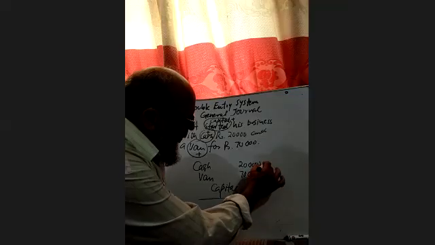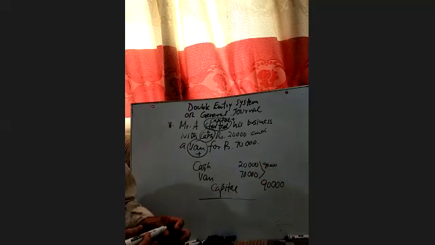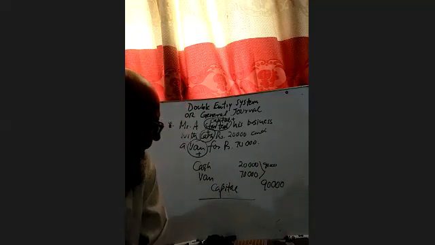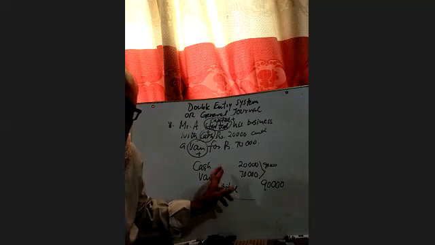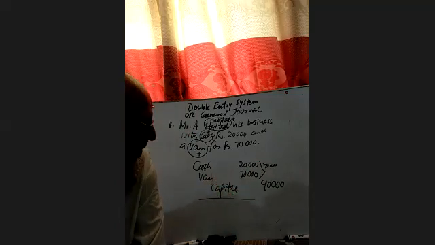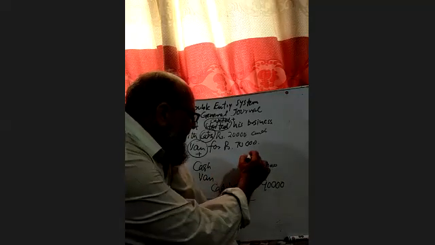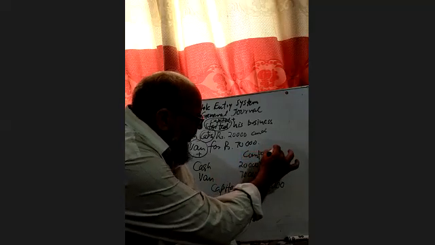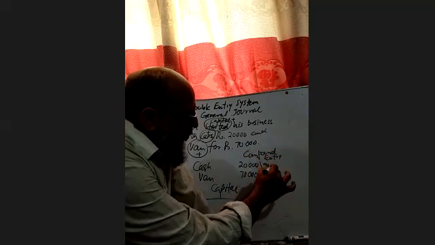This is your total investment of 90,000. So this is called double entry system. More than two titles are involved. There are three titles in this particular transaction. And when you have more than two titles, it is called compound entry.